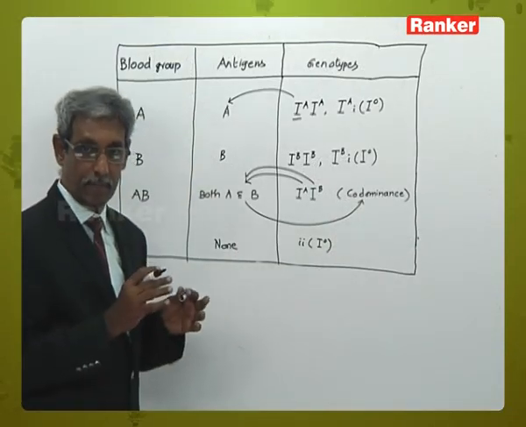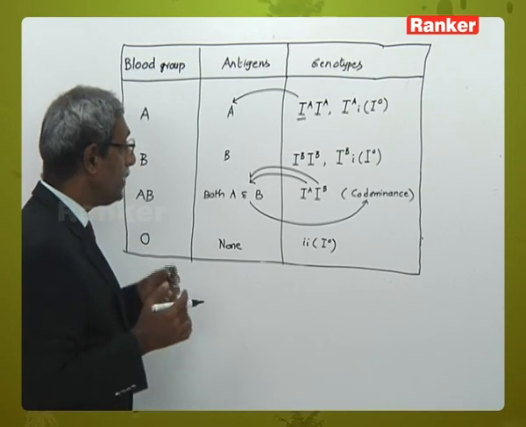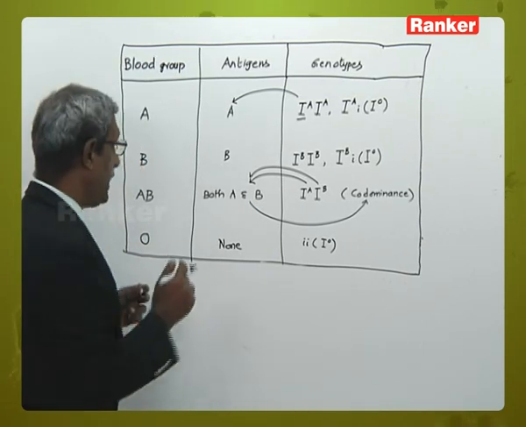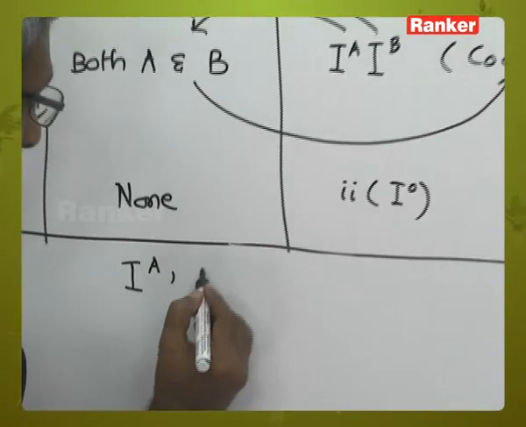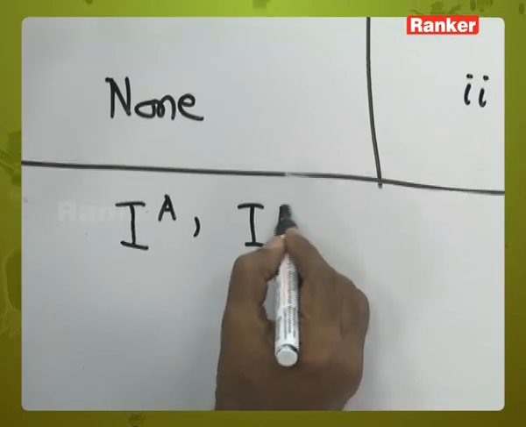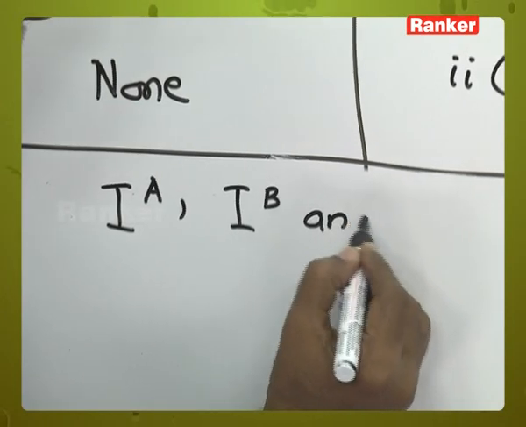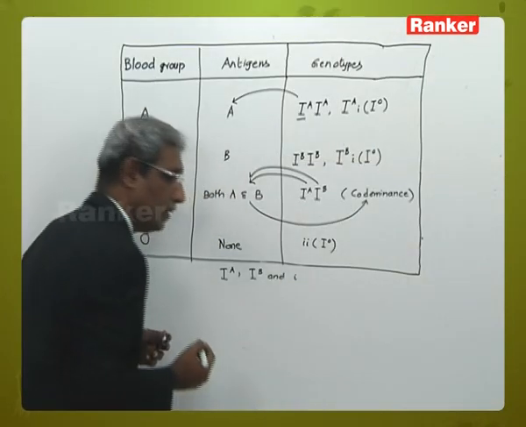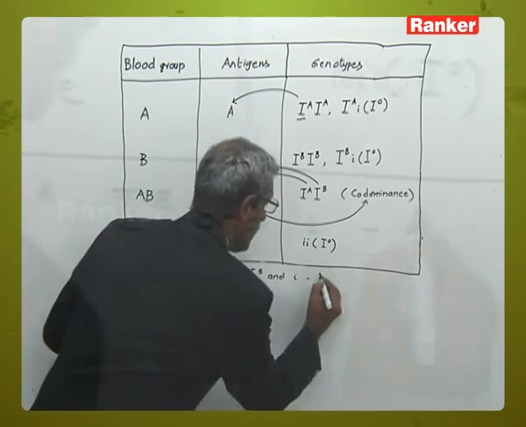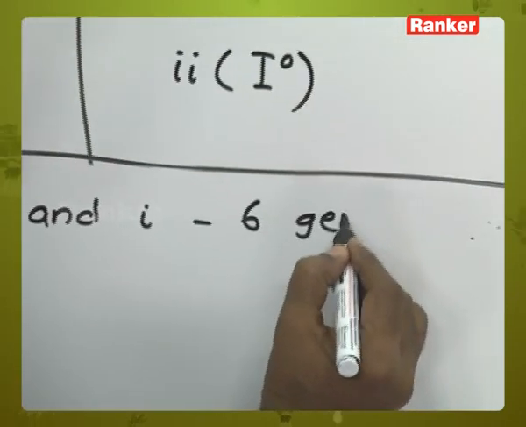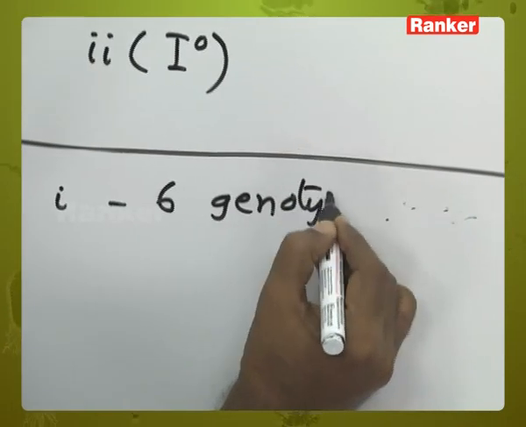They both are expressed. And when you take the combination of IA as well as the combination of IB and i, you will find that there is a presence of 6 genotypes. There is always a presence of 6 genotypes.